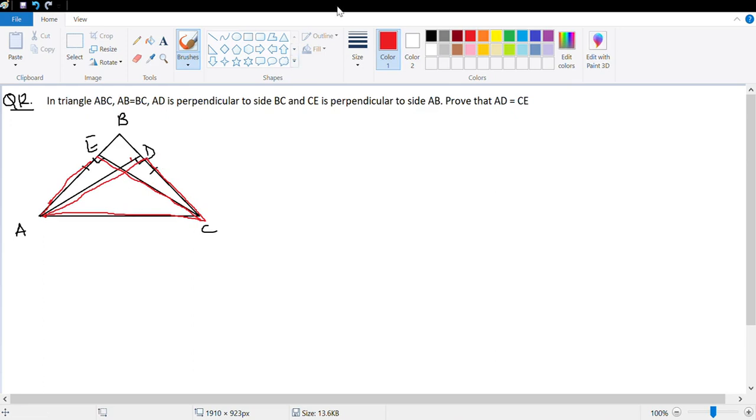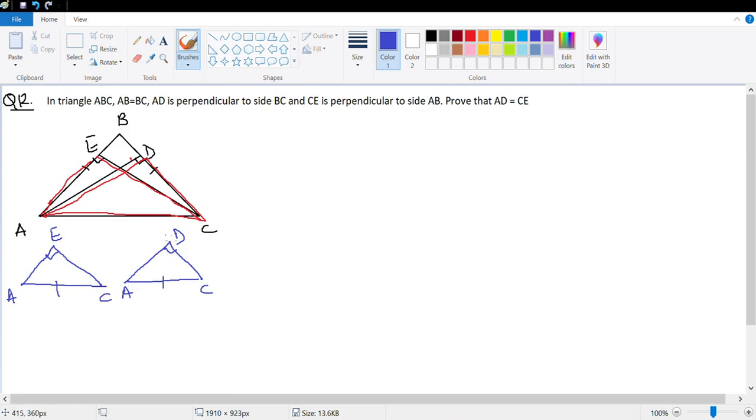So let's draw these two rough triangles and see if we can get them equal. This is AEC, E, A and C. This is 90 degrees. And this is D, this is A and C. So this side and this side are equal because this is common and the angle is equal.